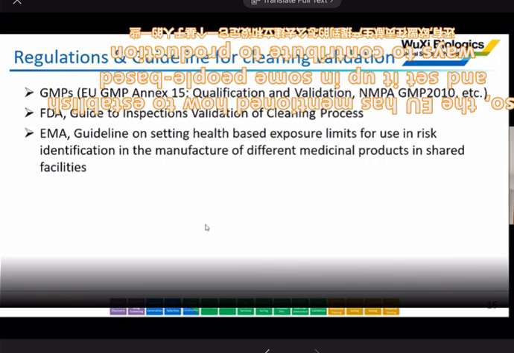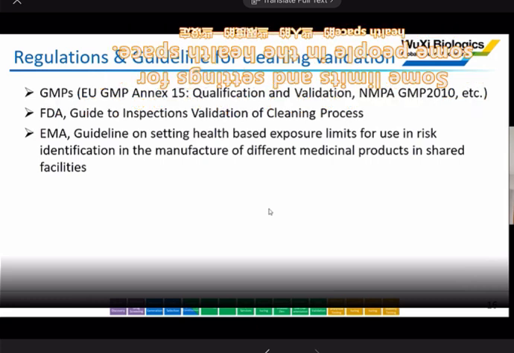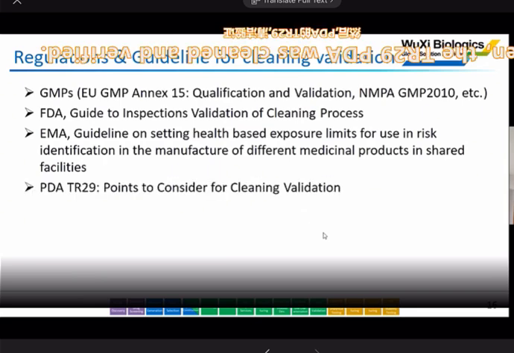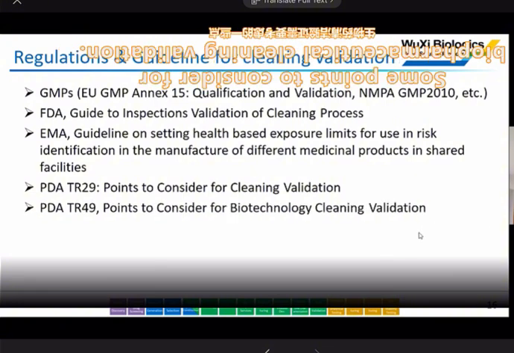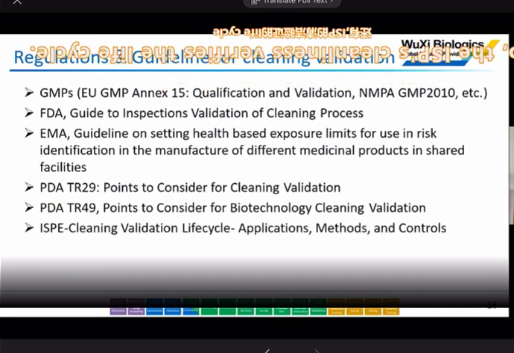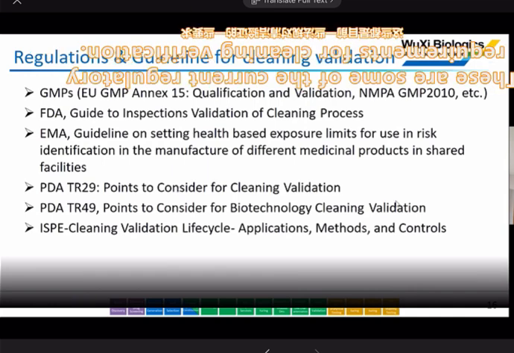Both the NMPA GMP 2010 edition mention certain requirements for cleanliness verification. FDA certifications include cleanliness validation, such as in FDA inspection requirements. Also, the EU has mentioned how to establish and set limits, including some health-based limits for production.